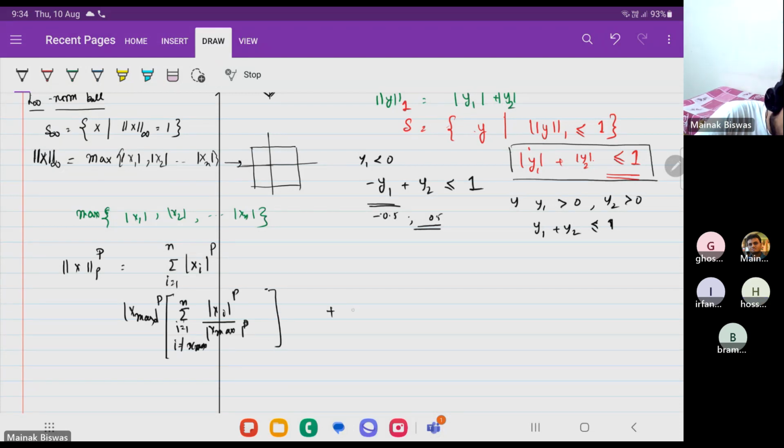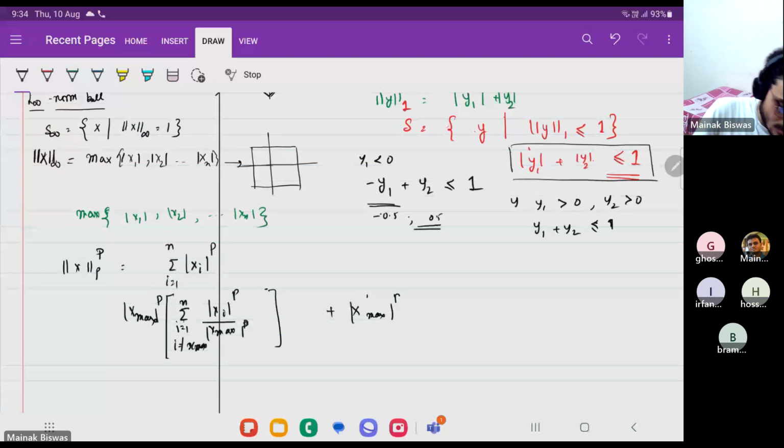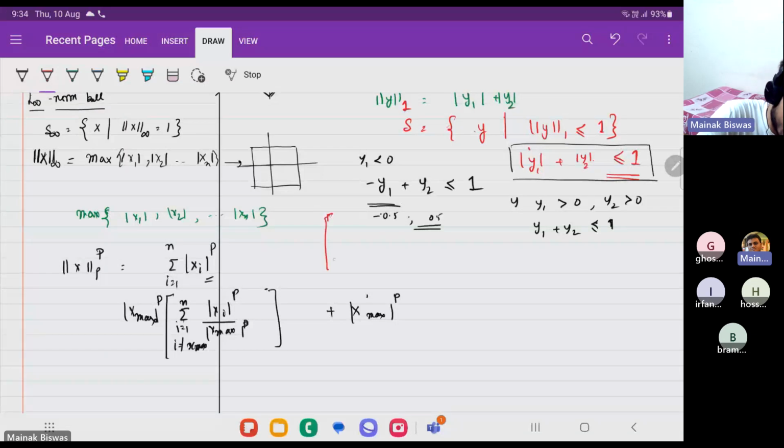Yes, sir. Very good. Sir, can you repeat this? Didn't get it. So from this statement, you have a vector with, say, 10 components, x1, x2, up to x10, right? Say x5 is the maximum.